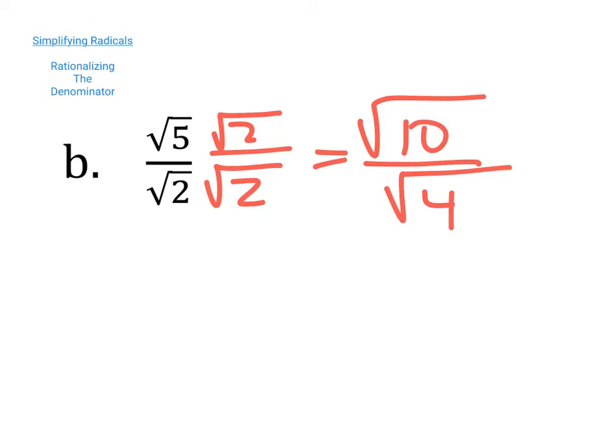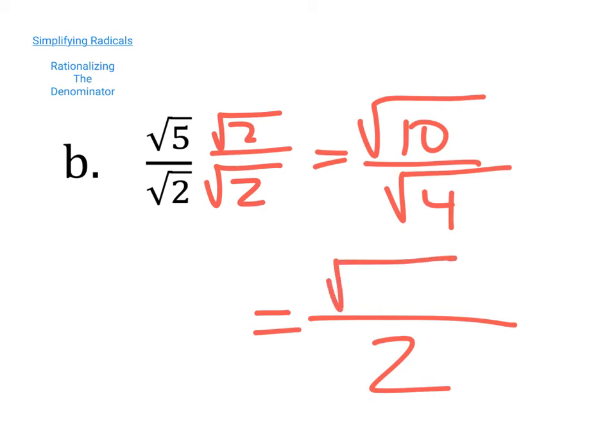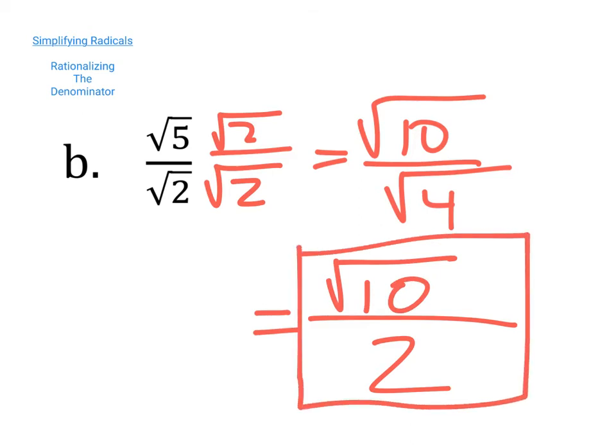So now we can clean up the bottom. Bottom is 2, the square root of 4 is 2. So we get the square root of 10 divided by 2. Okay, so we can't do anything with that.